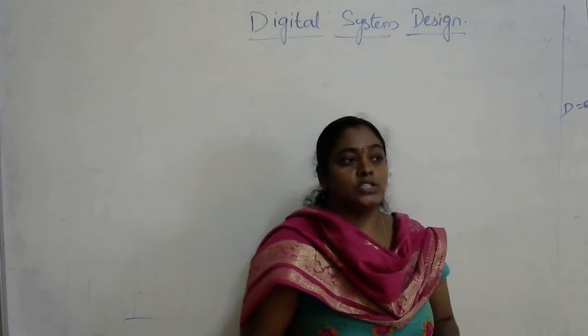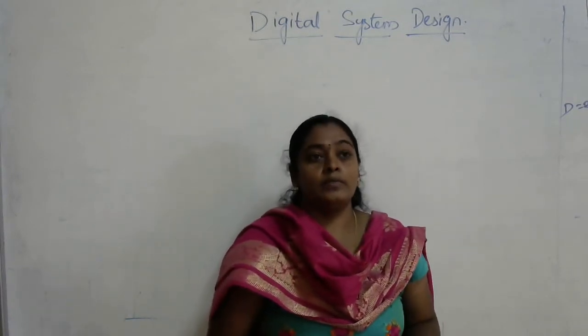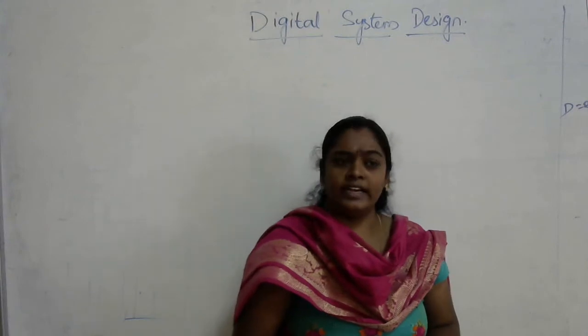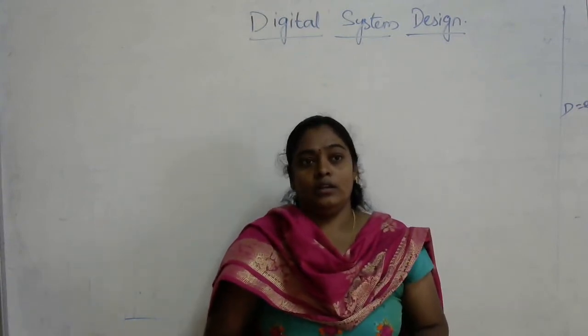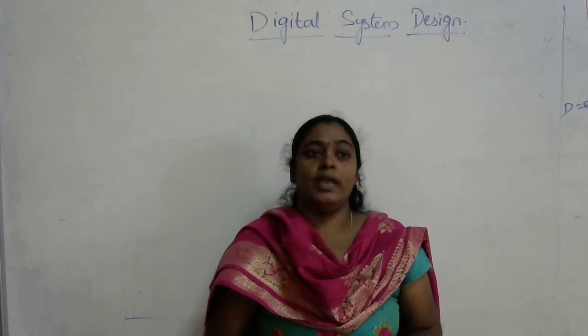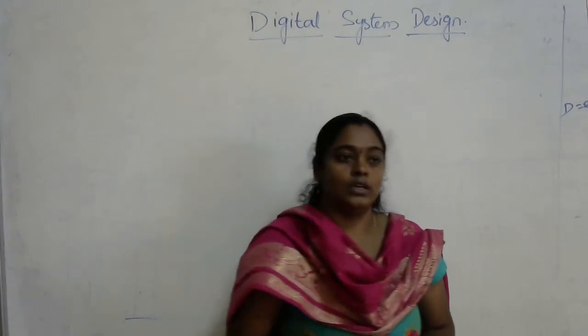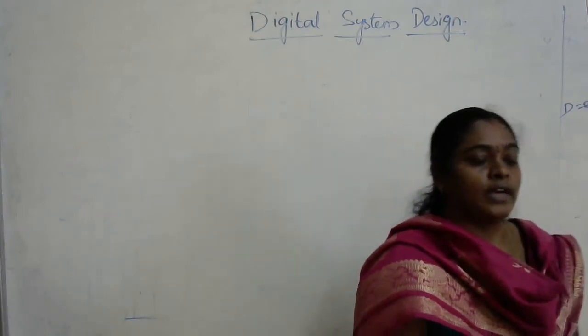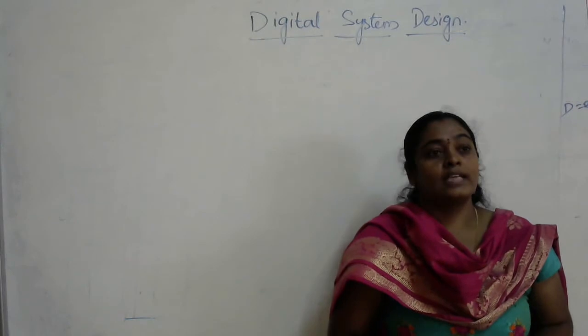Now in this session, let us do some problems based on a decoder. As we know, a decoder consists of some enable pins, and the function of an enable pin is to control the functionality of an IC, as well as to perform cascading operations.